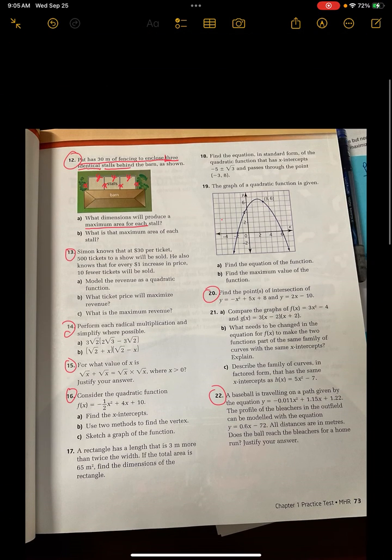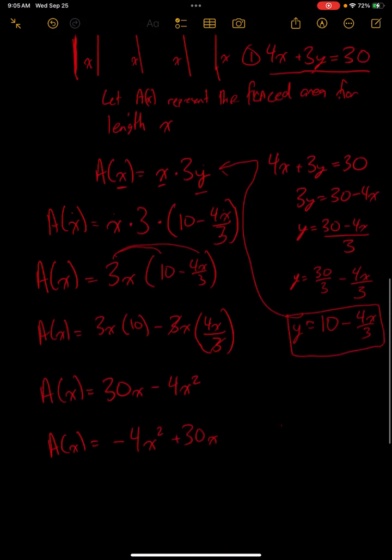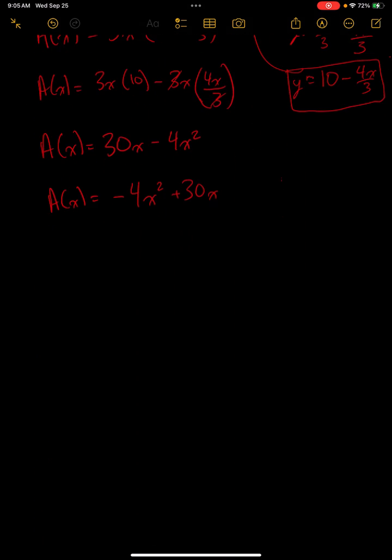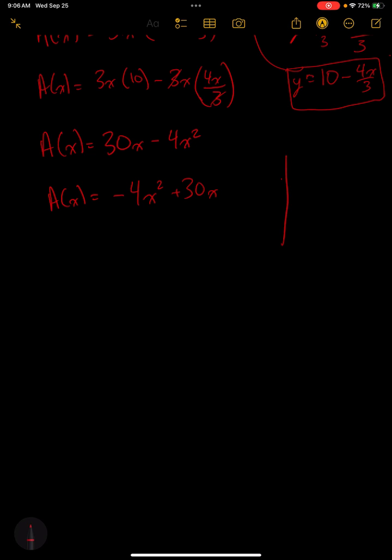Okay, so what does it say? What dimensions will produce a maximum area for each stall? If you notice, I can do partial factoring, if you recognize it from previous exercises. At x equals 0, A of x will be 0, and of course, if the dimension x is 0, then I'll have no area.